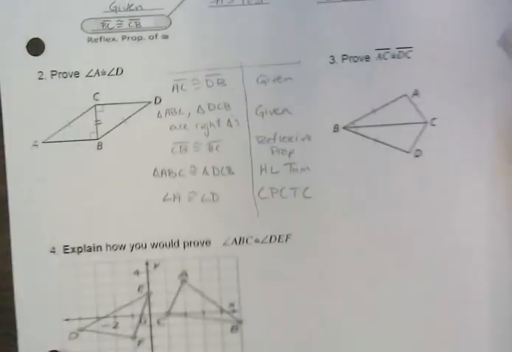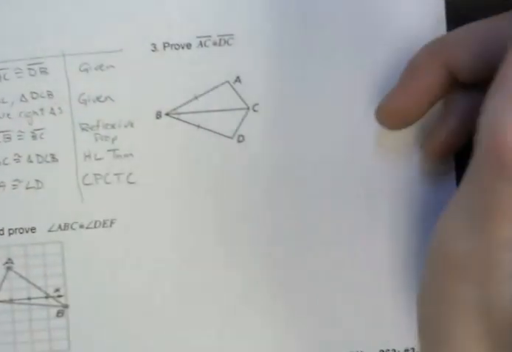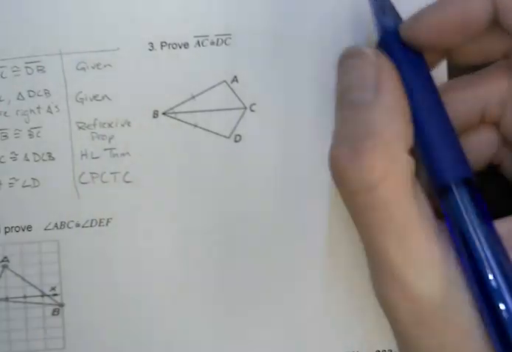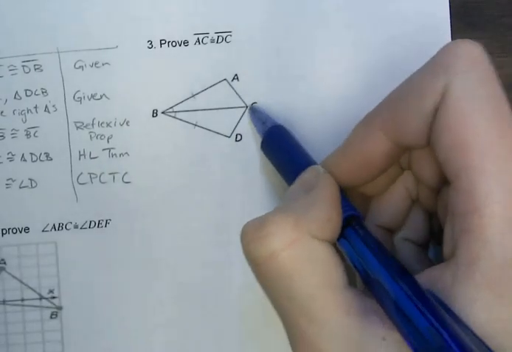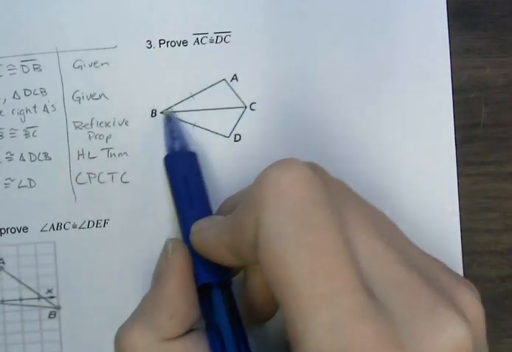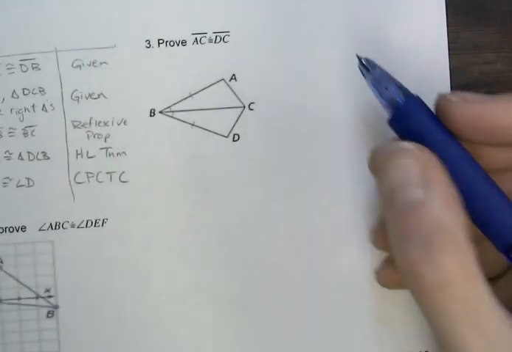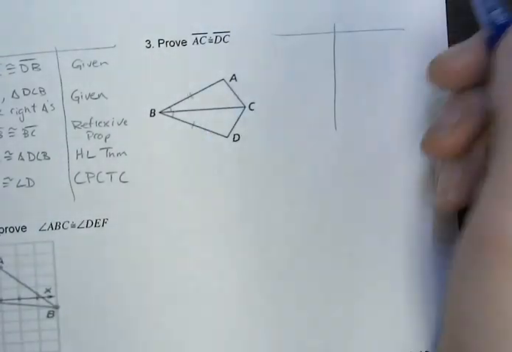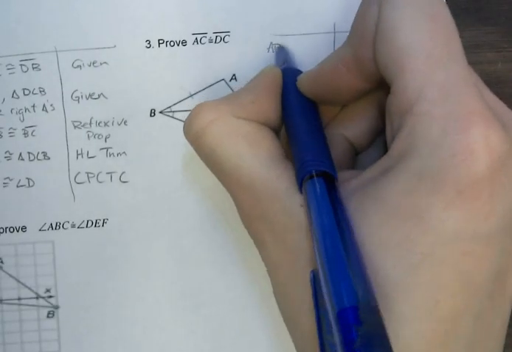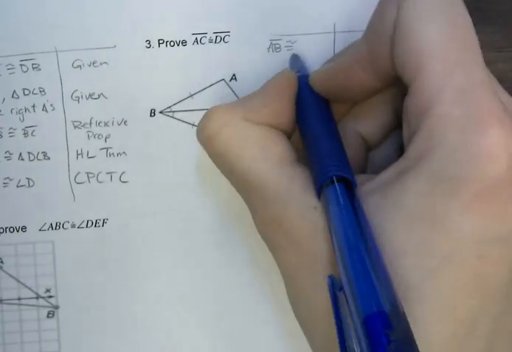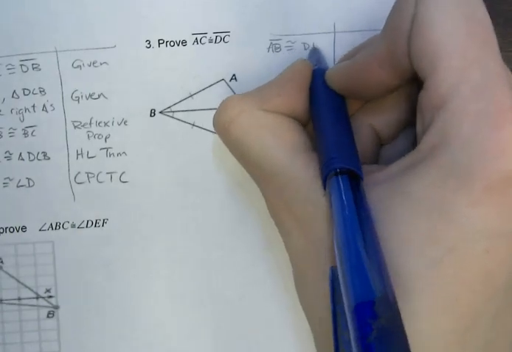Alright, number 3. Prove that AC is congruent to DC. This piece is congruent to this piece. So if I can show this top triangle is congruent to that bottom one, I can show their parts are congruent. Okay, so we start with the given. AB is congruent to DB.